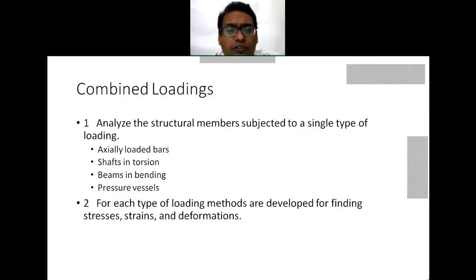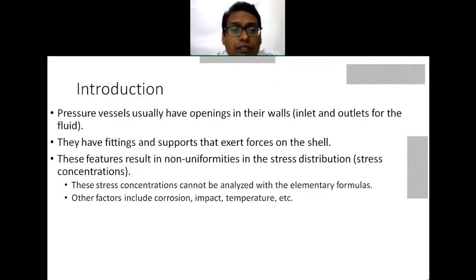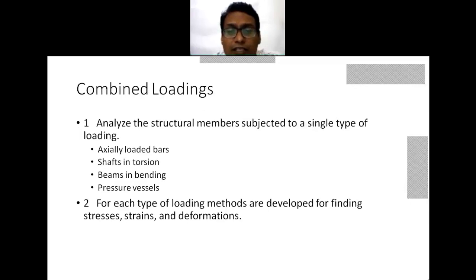All these different stresses, because of all these different factors, are going to arise in the pressure vessel. So these loading methods are developed for finding the stresses, strain and deformation.